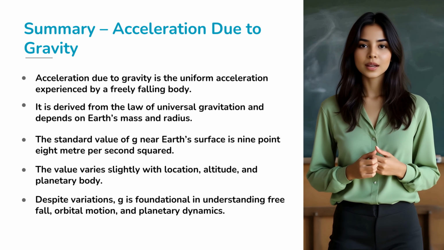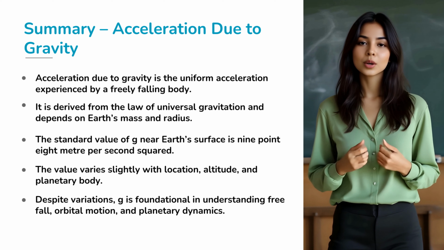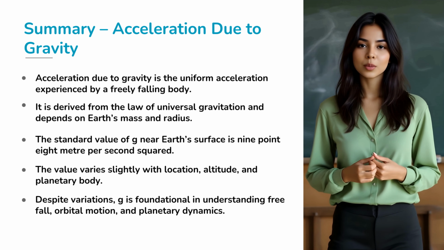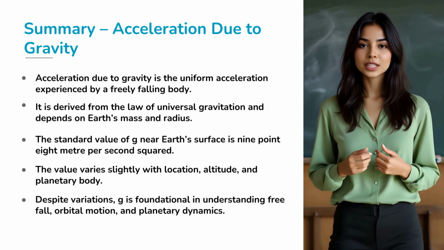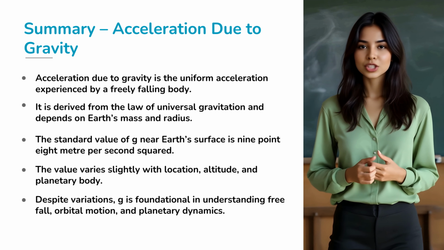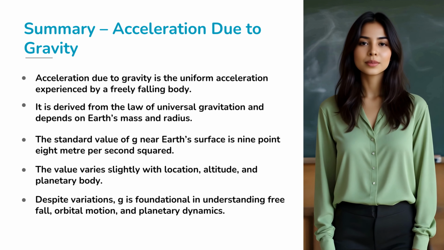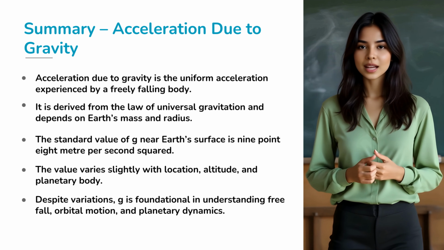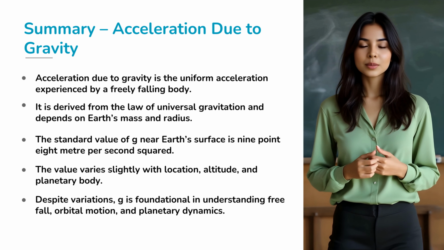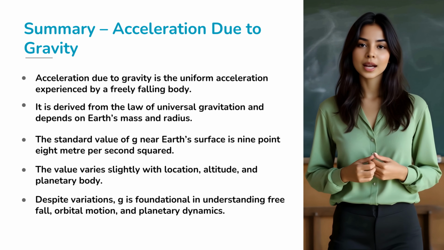To recap, acceleration due to gravity is the constant rate of increase in velocity for any freely falling object caused by Earth's gravitational pull. It's derived from Newton's law of gravitation and is determined by the mass and radius of the Earth. Near the Earth's surface, its standard value is 9.8 meters per second squared, but it varies slightly with location, altitude, and planetary body.